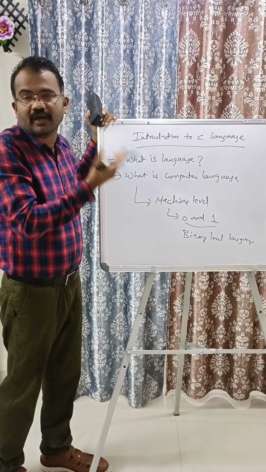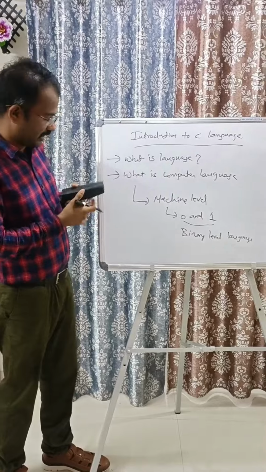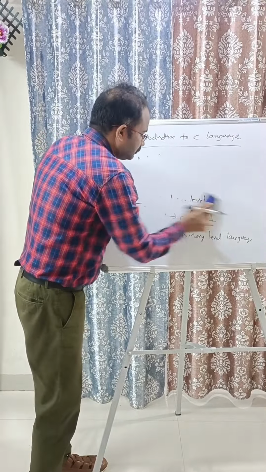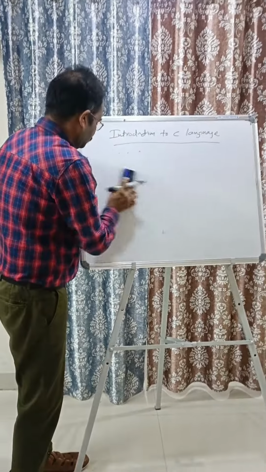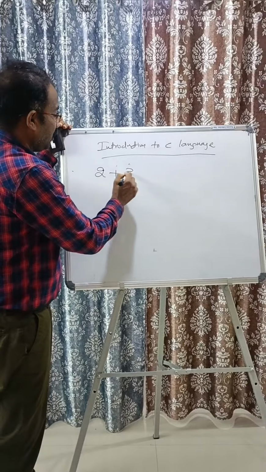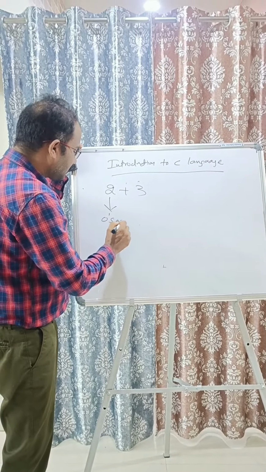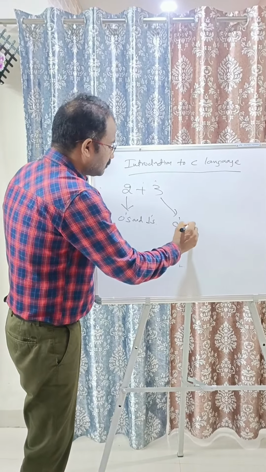Suppose, how to write 2 plus 3 in a computer? We need to convert 2 into zeros and ones, and 3 into zeros and ones.